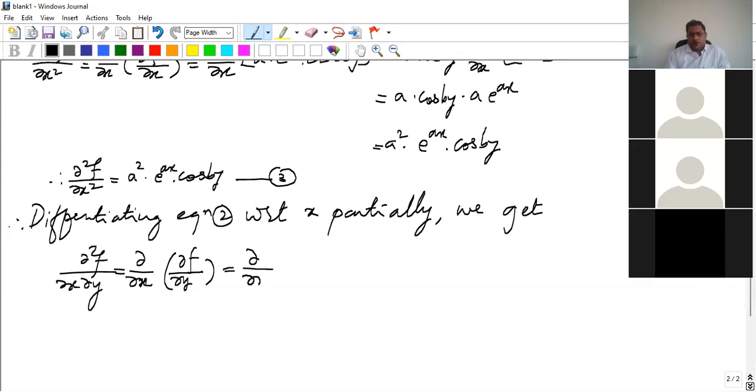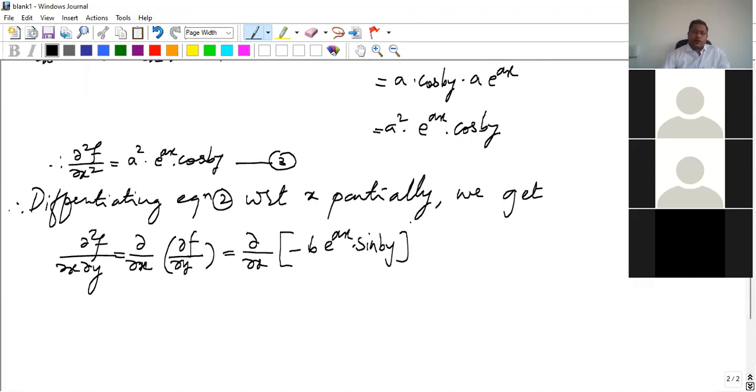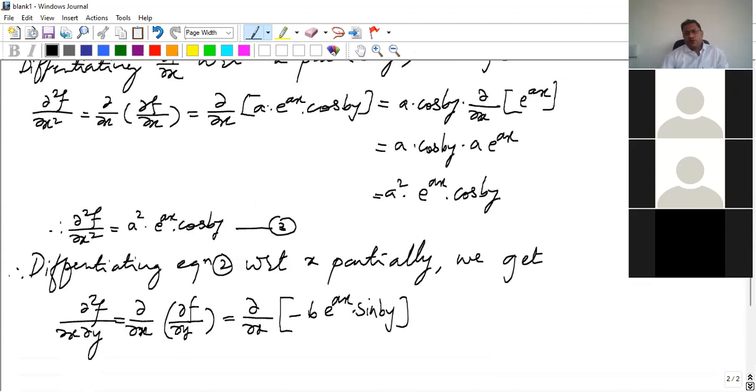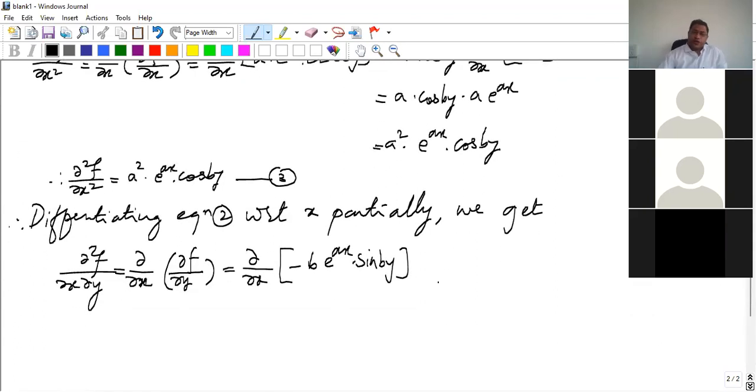So this is ∂/∂x of minus b e raised to ax sine of by. Okay, so that's what we have in equation 2. Now we are differentiating with respect to x, so minus b sine of by is treated as a constant.